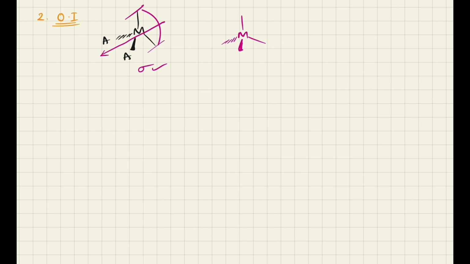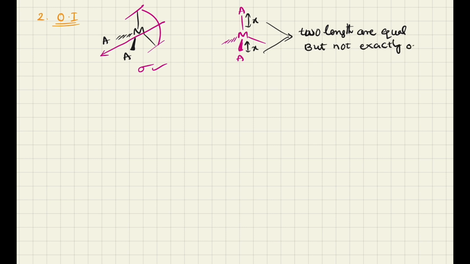Therefore, we have to check next whether a center of symmetry is present or not. Now I am taking the same structure with the same ligand. The distance from metal to A is x, and the other metal to A distance is x. Both lengths are equal. When two lengths are equal, we have to check whether they are exactly opposite or not. But in the tetrahedral structure, one A is up and the other is down, nearer to the observer, so they are not exactly opposite.